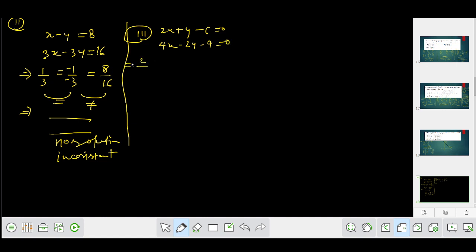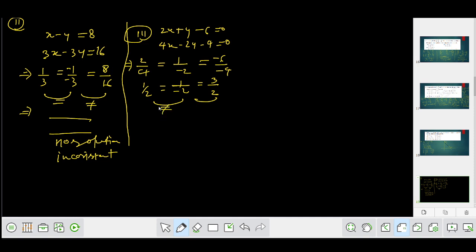We should check it. The ratios are 2 by 4, 1 by minus 2, and minus 6 by minus 4. That is 1 by 2, 1 by minus 2, and 3 by 2. Not equal.